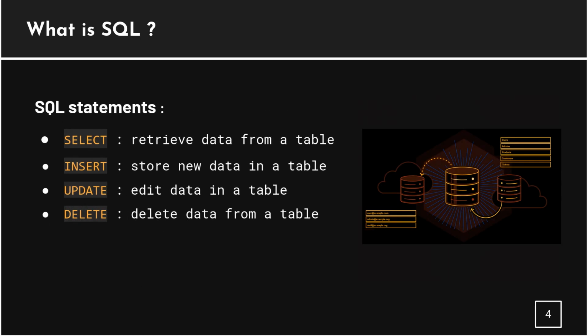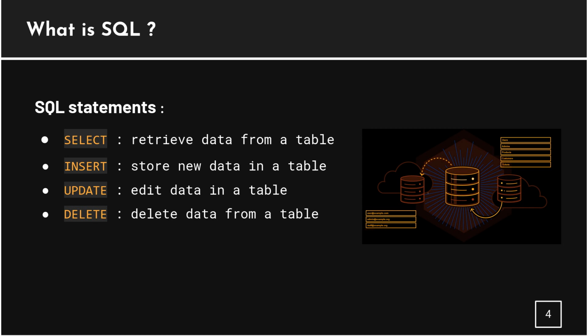We can cover some basic SQL statements that are needed for this workshop when we get into the practical parts of SQL injection. There are 4 statements that are the most common and most important ones. First, we have the select statement, used to retrieve data from a table.